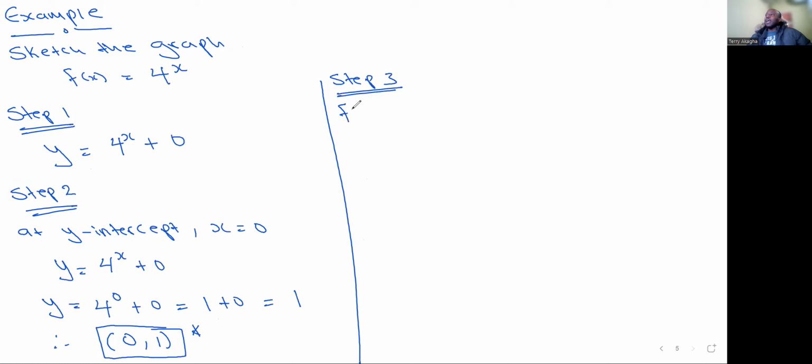We need to first find f of 0. Anywhere you see x, you put 0. So it becomes 4 raised to the power 0 plus 0, and that will give you 1. Then f of 1: anywhere you see x, you put 1, so 4 raised to the power 1 plus 0, and that will give us 4.